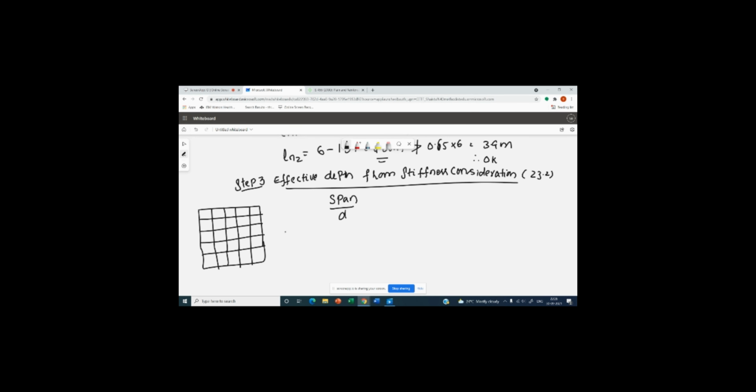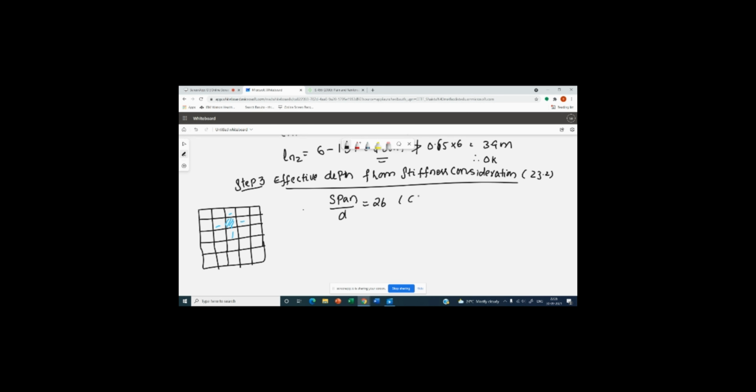There are many interior panels, for instance this one. It is continuous on all sides, so we have to take the continuous ratio, that is span by effective depth equal to 26.